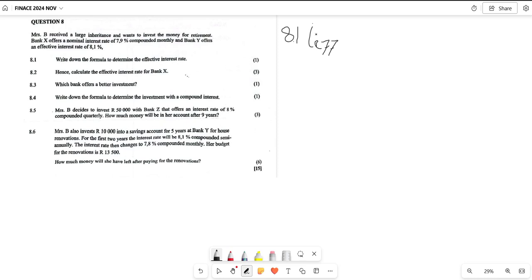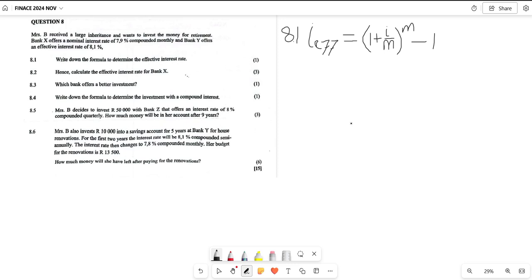The formula says I effective, which is the effective interest rate, is equal to, open bracket, 1 plus I divided by m, close bracket, all to the power of m, minus 1. That is the formula in the formula sheet that can be used to determine the I effective.